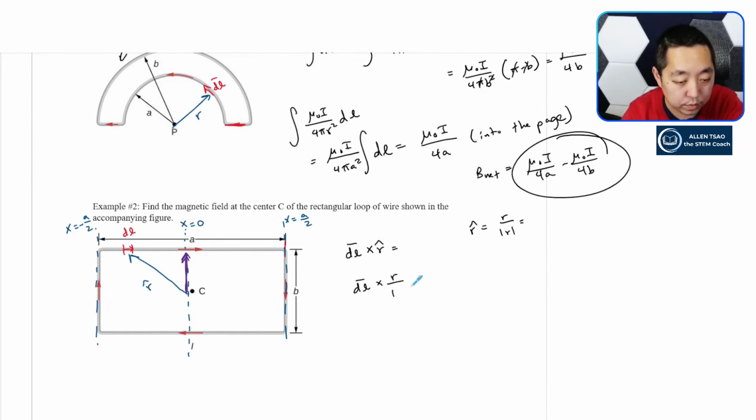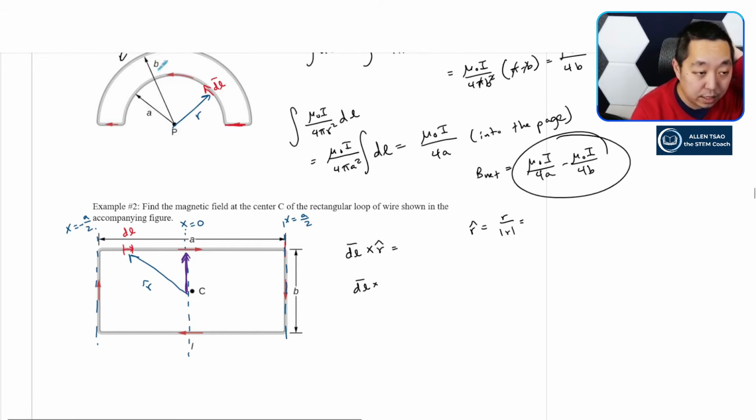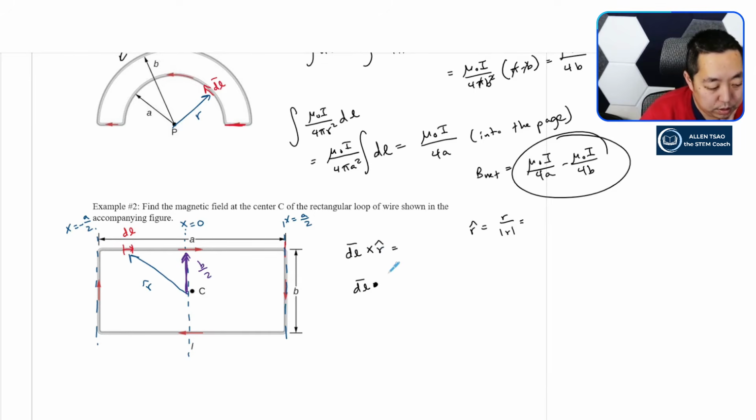When I cross it, I know that this length here is automatically b over 2, because it's half of the length of this side. So it's just going to be dL times b over 2 divided by r.